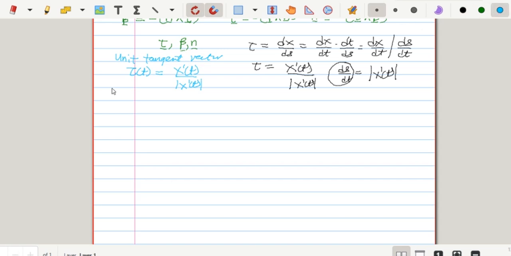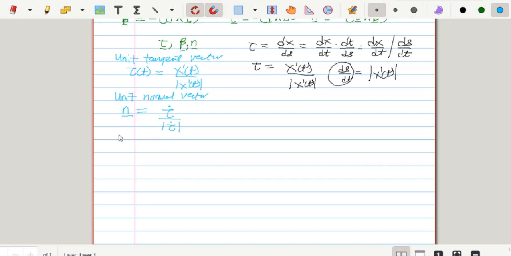Secondly, let us look at our unit normal vector. It is given as tau dot divided by the modulus of tau dot. We're not going to prove this one. This is the formula for the unit normal vector.